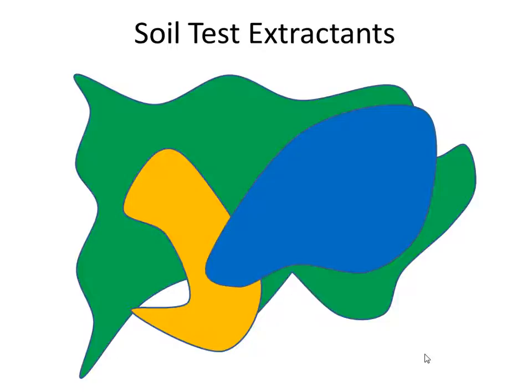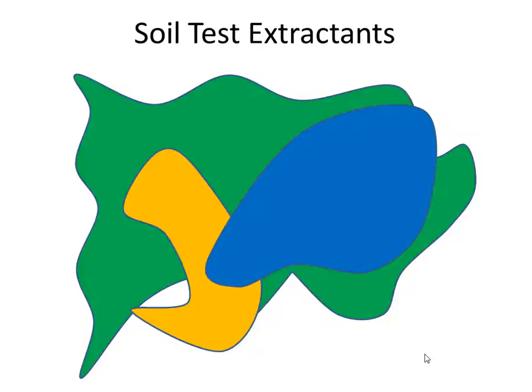That doesn't matter because we don't actually have to measure this green part. What every soil test lab does, what your little soil test kit that you buy in the back of the garden catalog does, is it extracts some. So here's soil extractant yellow, here's soil extractant blue.